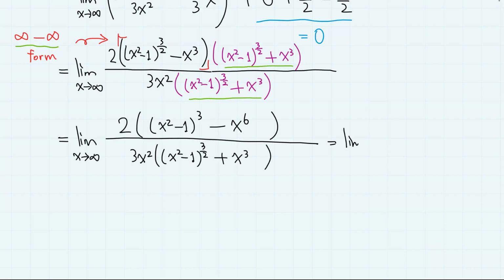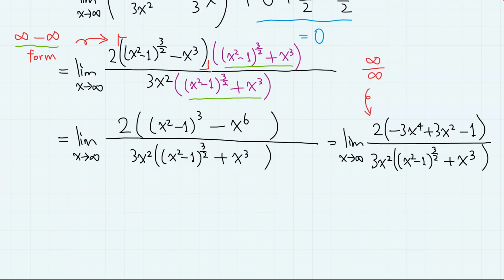And you can easily expand the numerator. And if you do that, you realize that the 6th power term is eliminated. The only thing left here is minus 3x to the 4th power plus 3x squared minus 1.